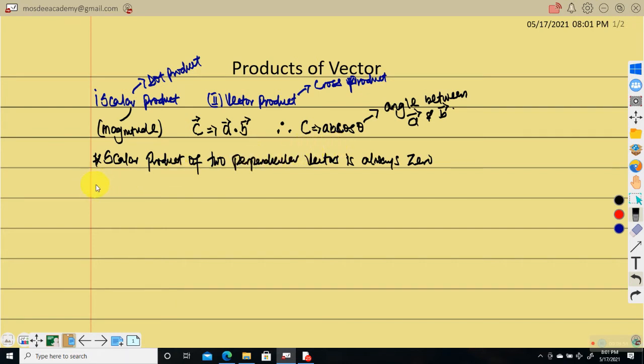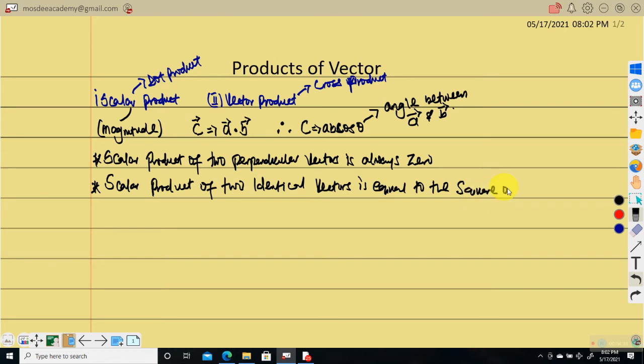Because of that, you can also keep this down as a good note, because it will help us in our calculations: the scalar product of two identical vectors is equal to the square of its magnitude.